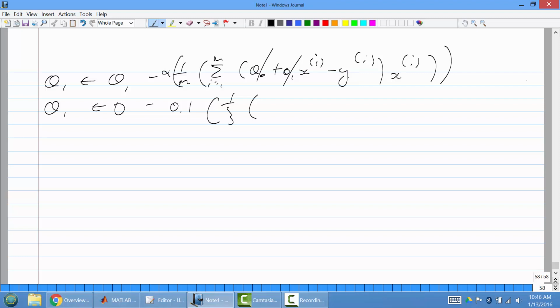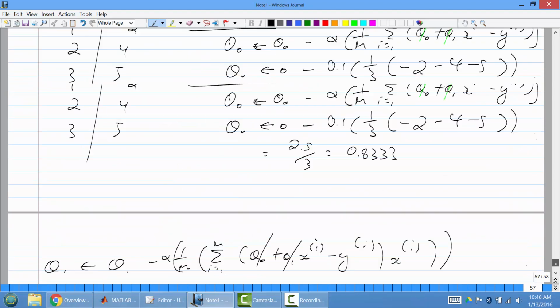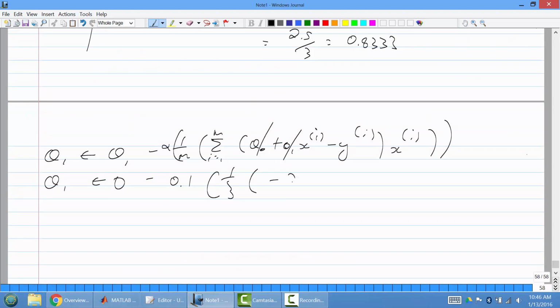So what's happening is you're adding up products, so in this case, you have minus y times x, so minus 2 times the x value, which is 1, and then plus, let's see, it was 4 and 2 and 3 and 5. Okay, let me just double check if I got this right.